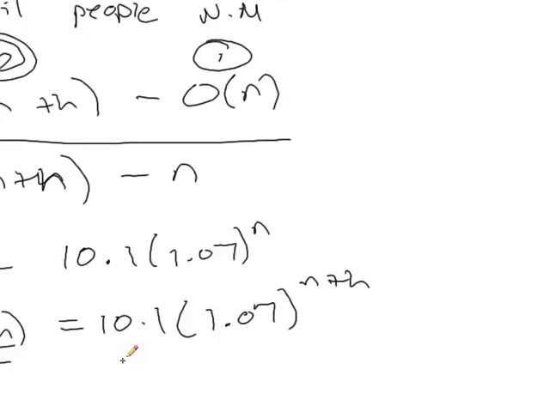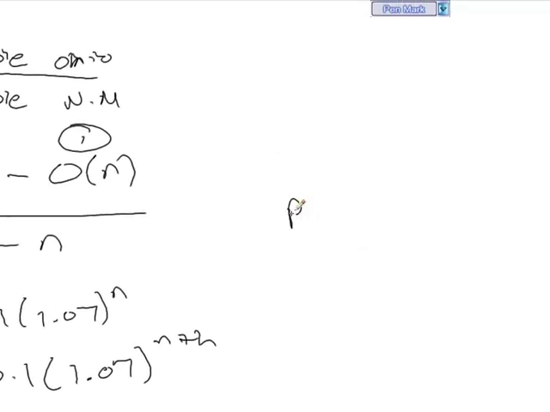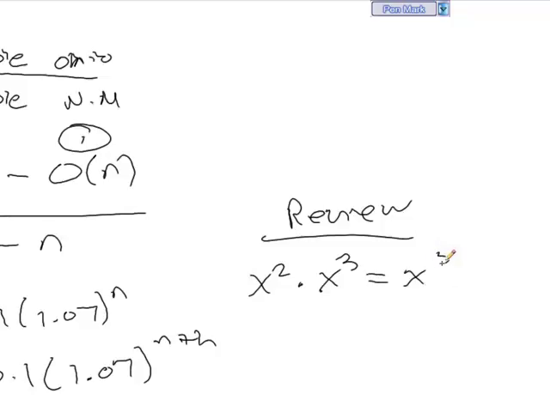So as a review, if you take x squared times x cubed, you get x to the 5th. We add the powers, right? That's just x to the 2 plus 3.